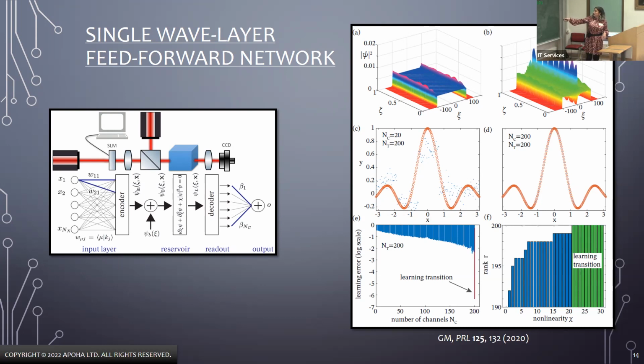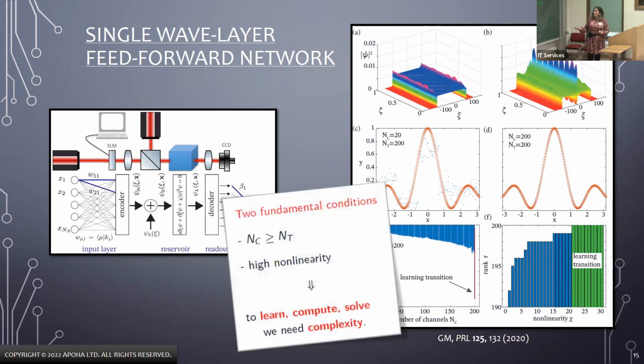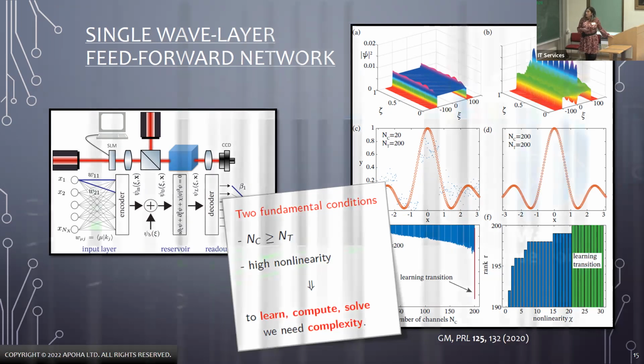We get to this point beyond a certain nonlinearity threshold. So this teaches us something important: we actually need complexity, because we need nonlinearity. We have a nonlinearity threshold to overcome. So we need a nonlinearity that is high enough to say that we generated a neuromorphic computer.